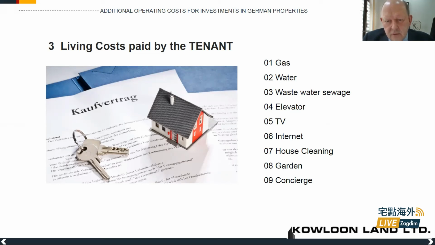All these costs will be calculated one year before, and this is what I said before: the advance payment, which the owner gets from the tenant in a fixed amount every month. It could be more if any other things are also organized in the house. But here you see the most important costs paid by the tenant.